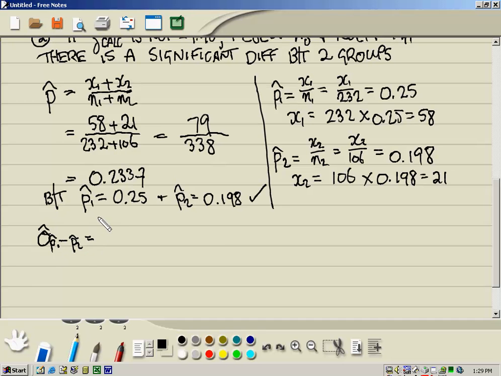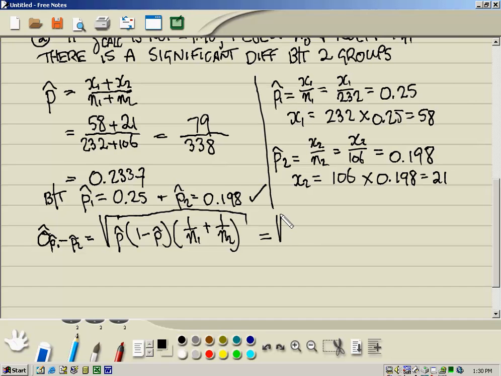Next step is to do the standard deviation, sigma hat of p hat 1 minus p hat 2, and this is the square root of p hat times its complement, 1 minus p hat, times 1 over n1 plus 1 over n2. Remember, it's the square root of the whole thing.